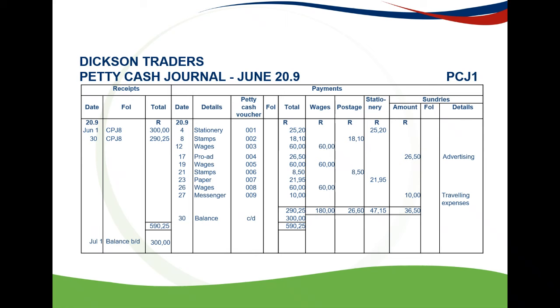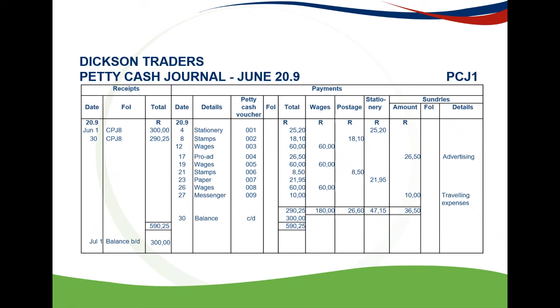We also have here columns for transactions that happen frequently, like wages, postage and stationery. Those are transactions that frequently happen, so we have column headings for those because they normally happen during the month. It's normally what we use petty cash for.